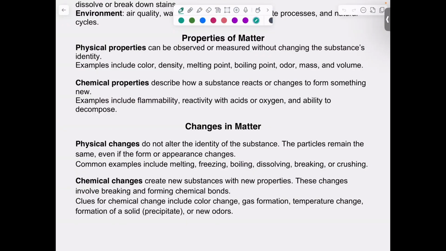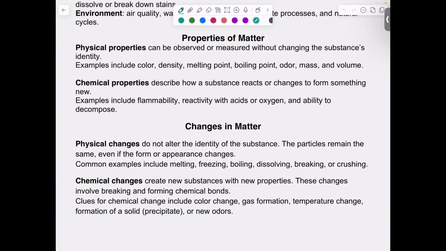Melting point is actually a very key way of identifying substances, how you identify them by name, right? Density as well. So again, anything that identifies a particular substance and we can measure it, but it's not going to change what the actual identification of that substance is.